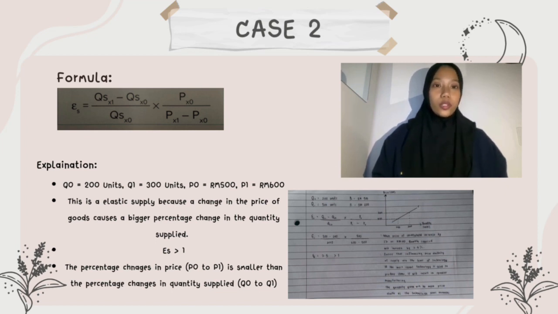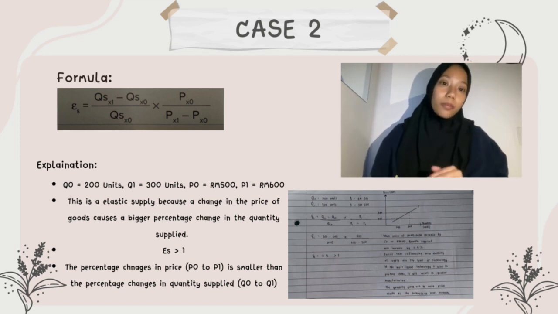P0 equals 500 ringgit, while P1 equals 600 ringgit. You just substitute all of that information into the formula, and the last answer you will get is 2.5, which is more than 1. So the graph will be elastic supply, and also the graph will be the flattened slope of a supply curve.